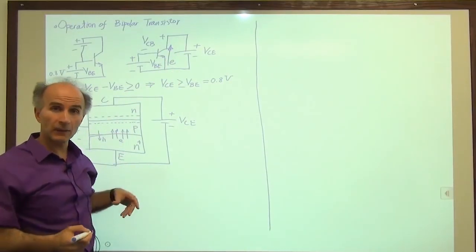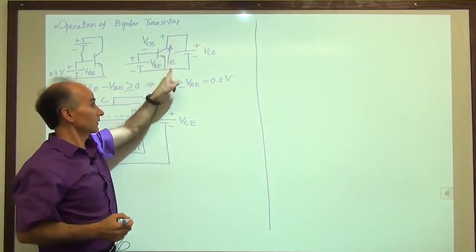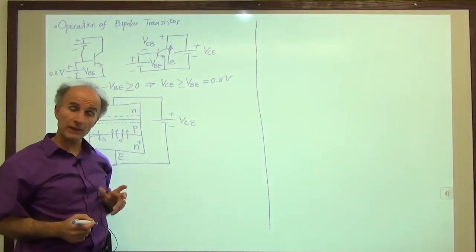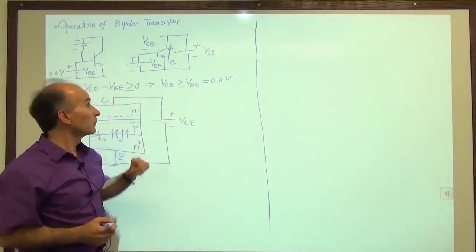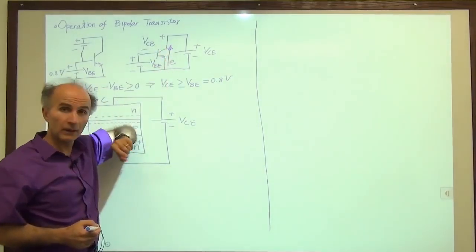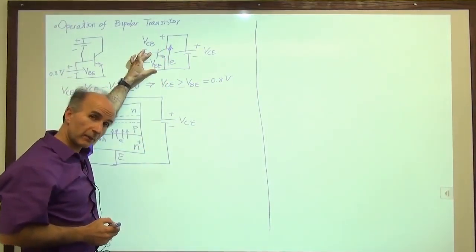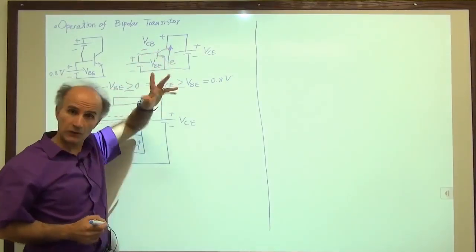So equivalently, we can say the conventional current is flowing from collector to emitter. So that's very interesting, because we managed to create a current between the collector and the emitter by applying a forward bias between base and emitter and a reverse bias between collector and base, or zero bias.